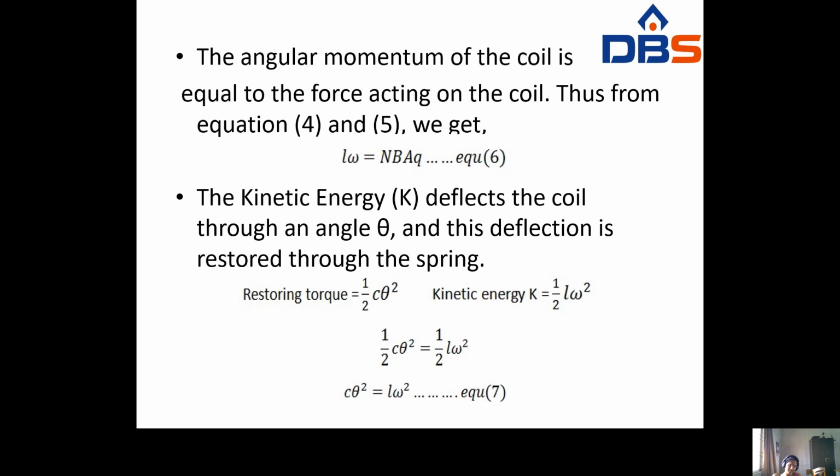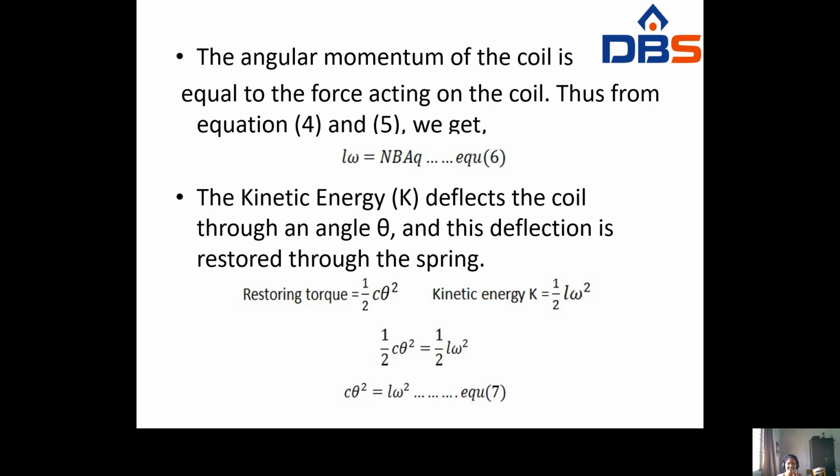Whenever current passes through that coil in the field of the poles, the magnetic force will act on that coil. So the coil will deflect. Deflection means motion, and motion means some amount of kinetic energy.